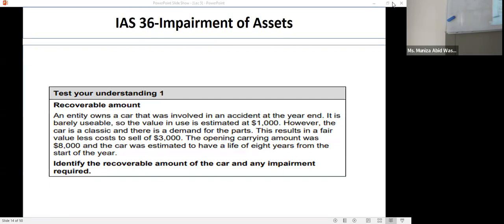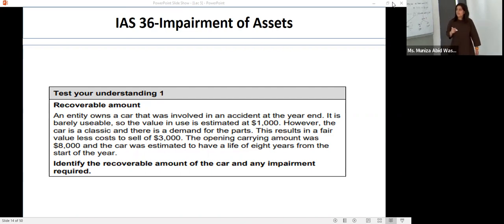This results in a fair value less cost to sell of 3,000. So what is your recoverable amount? Greater of value in use and NRV. It's not the difference. So your recoverable amount is 3,000.